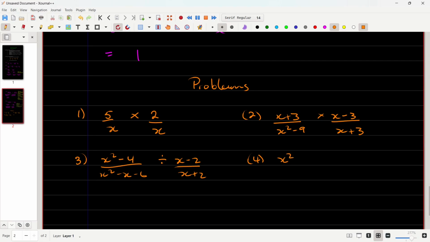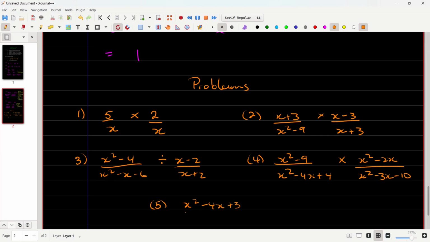Number 4, x squared minus 9 over x squared minus 4x plus 4 multiplied by x squared minus 2x all over x squared minus 3x minus 10. And then for number 5, let's give it a really difficult one. x squared minus 4x plus 3 all over x squared minus 9 divided by x minus 3 divided by x all over x minus 1. And these are the problems.